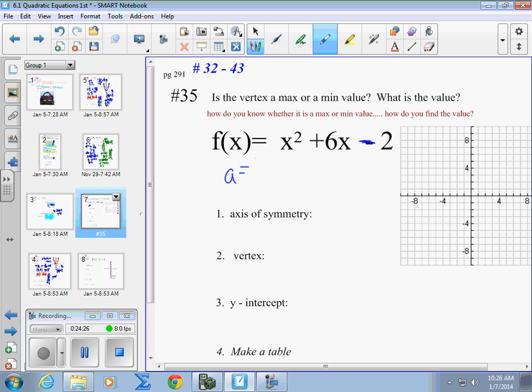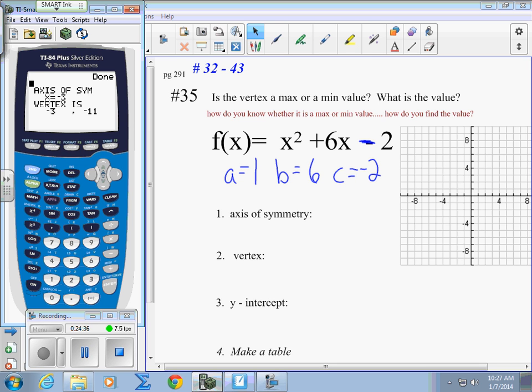A is equal to 1, B is equal to 6, and C is equal to negative 2. So before we start, let's look at your calculator and make sure everybody is in the same place. I'm going to go to Zoom and choose 6, or ZStandard.